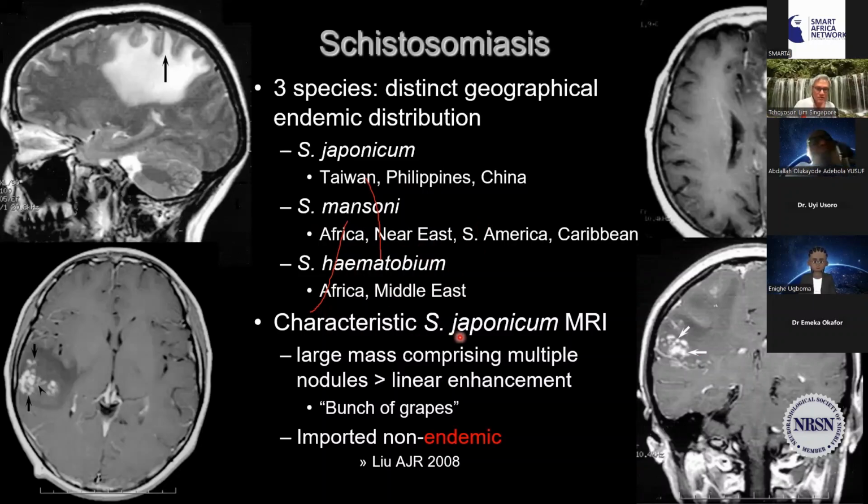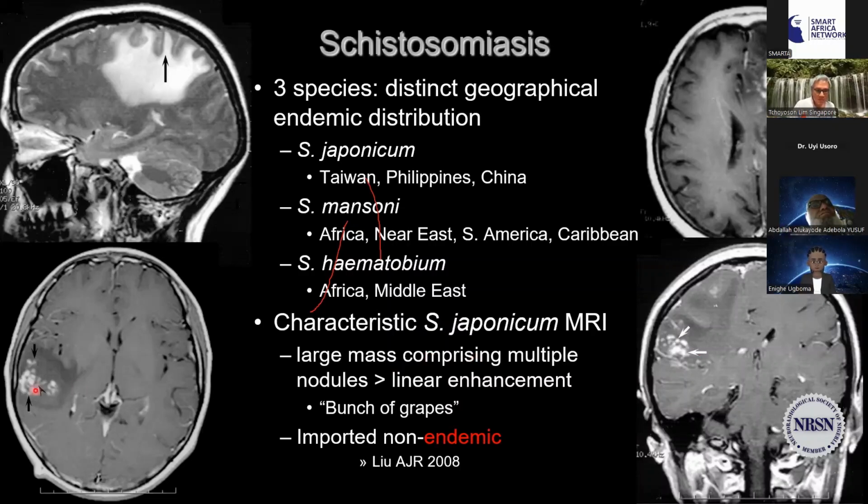Unfortunately, I don't have much experience with the other 2, but the japonicum species typically is made up of a very large mass and space-occupying lesion with edema comprising of multiple nodules and linear enhancement that makes it look like a bunch of grapes.